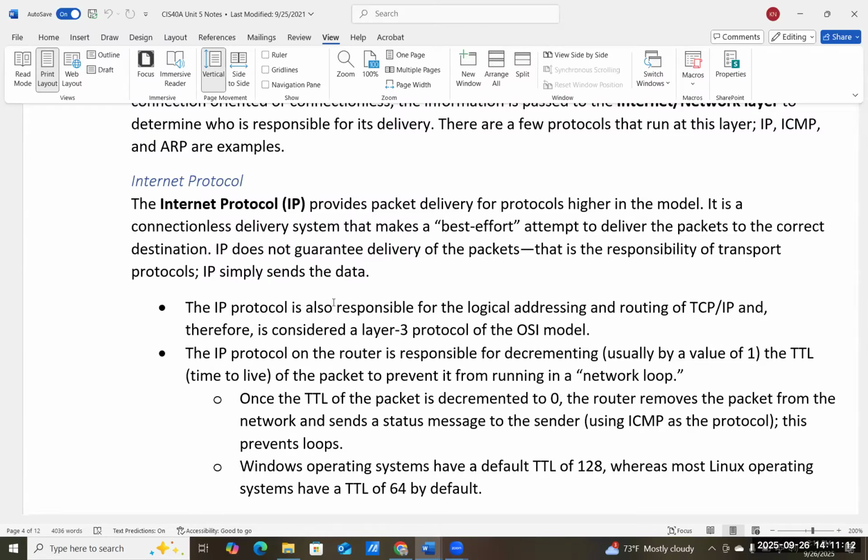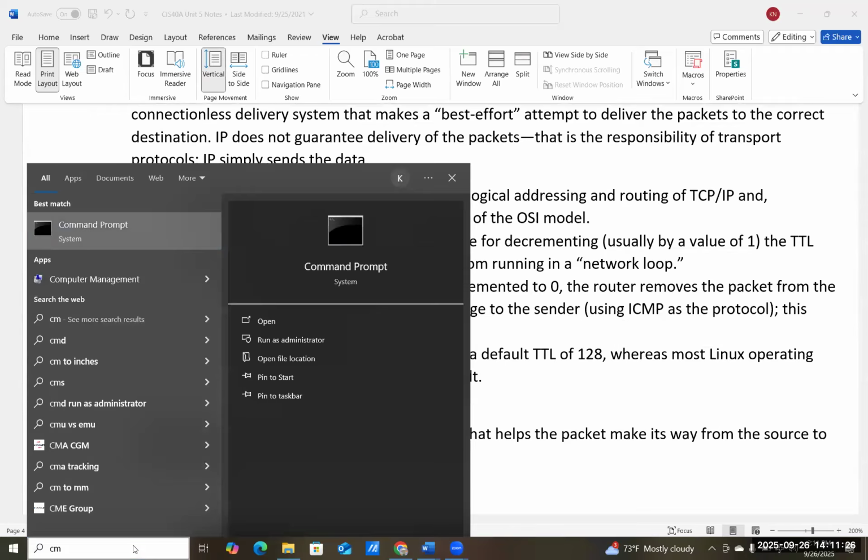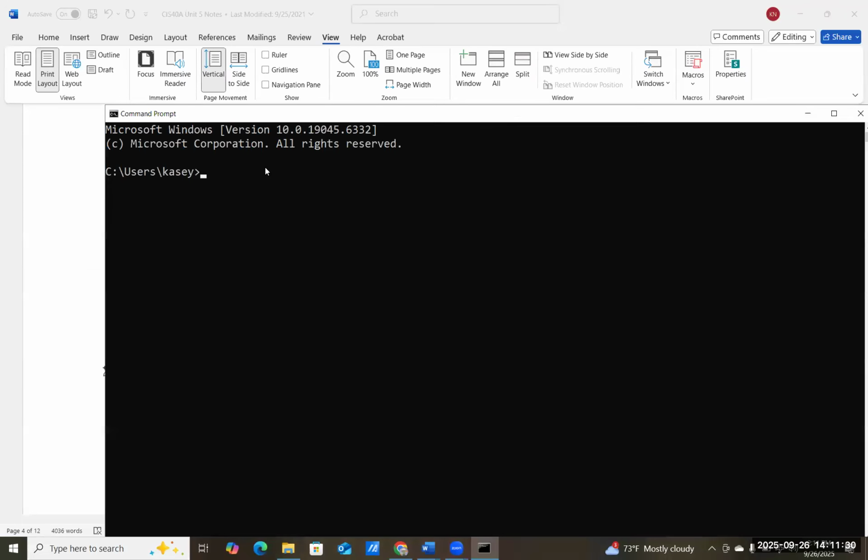And then in a Windows environment, the default is going to be 128 for time to live. This is the same thing when you're doing a ping, right? So for example, if I'm doing a ping, it's using TCP, but let's say I ping, for example, an arbitrary address, right?